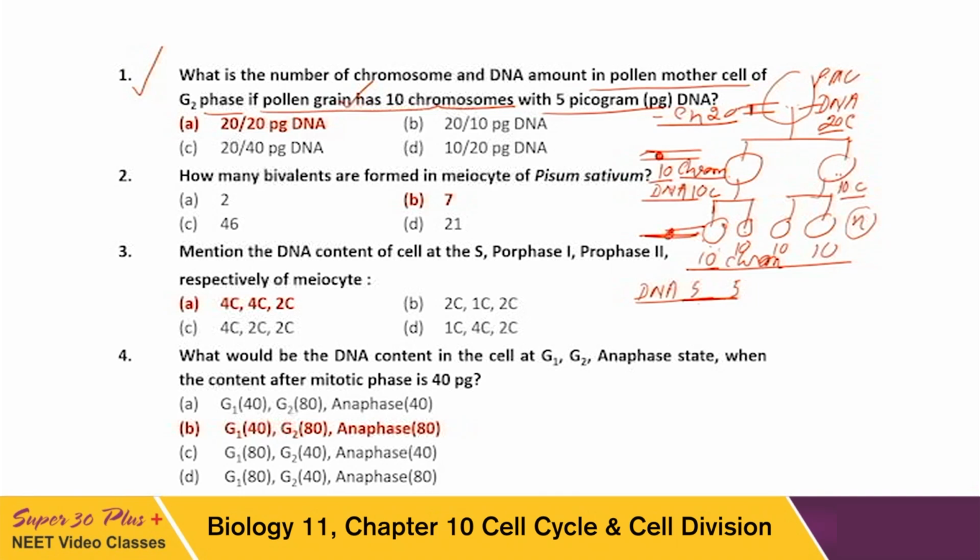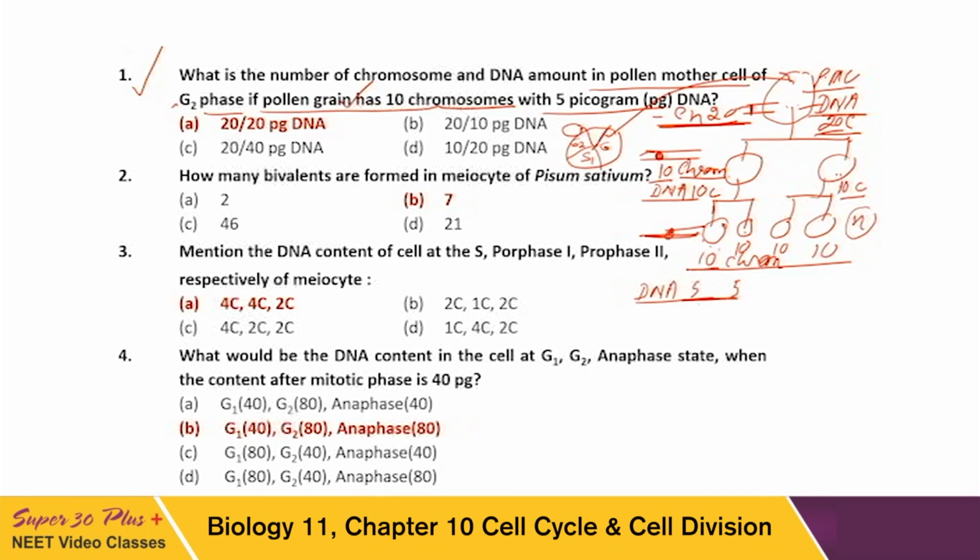But you see, what he is asking is not that question. You have seen that a pollen mother cell, which is just about to divide, will have 20 chromosomes and the DNA amount will be 20C. But he is asking about the pollen mother cell at G2 phase. You see here the G2 phase, we can see that this cell is ready to divide, and it has just completed this cell cycle. So here you see G1, this is S and this is G2.